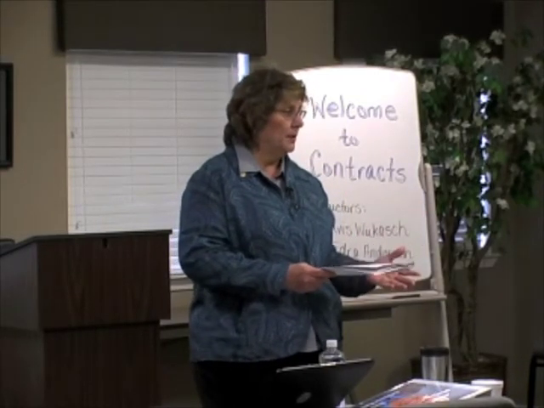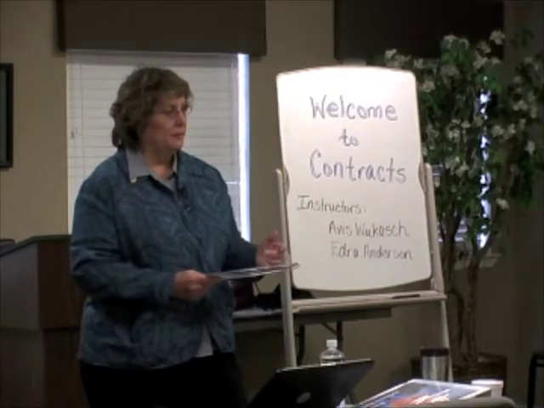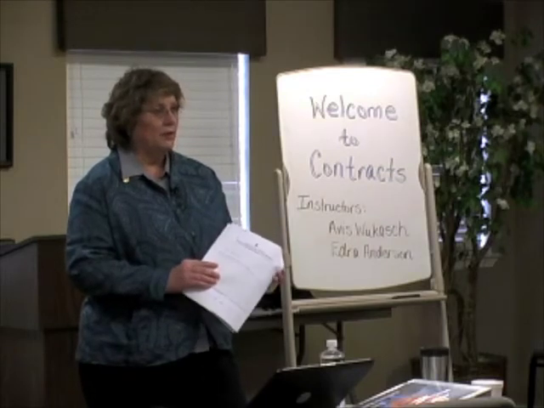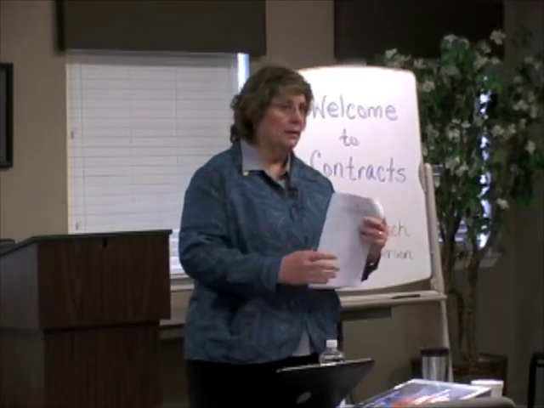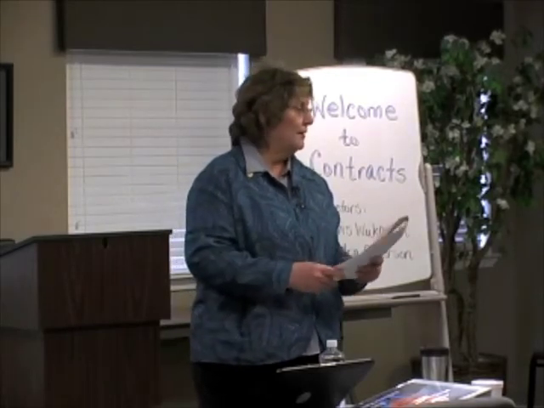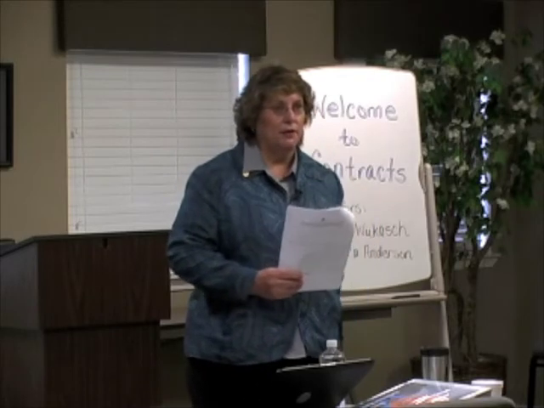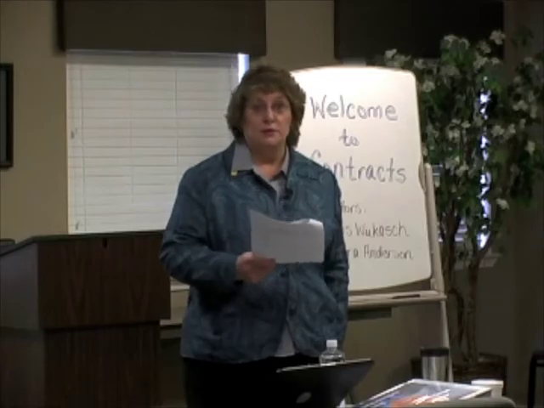I noticed we have some title company people in the room, and I think they would say that if we don't really tell them which property the people are buying or selling, it gets complicated for them to finalize the paperwork. So they appreciate accuracy in legal description. Is that correct? And for the record, the title companies all said yes.